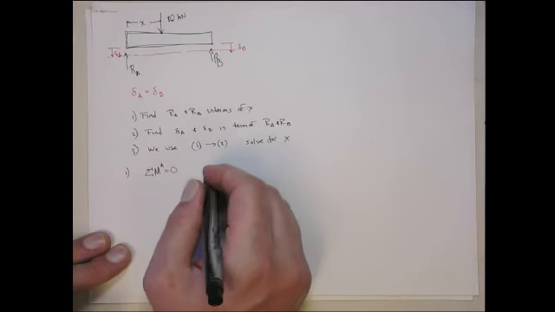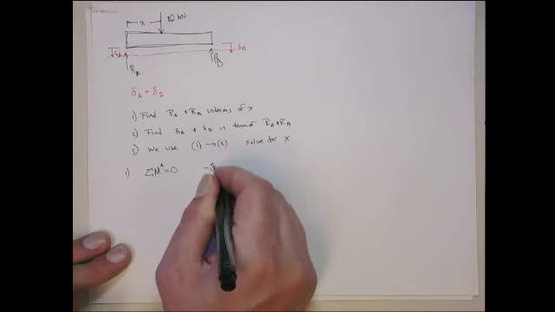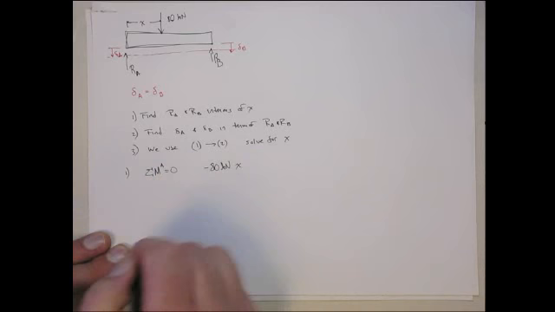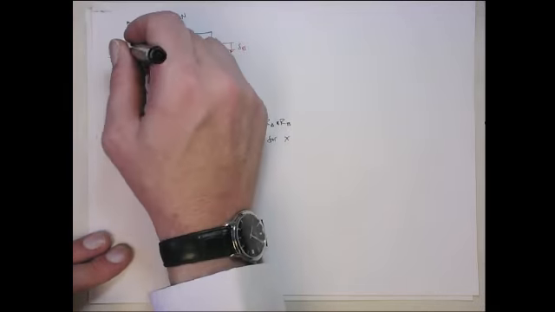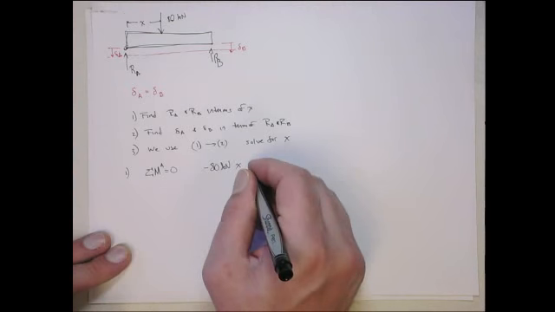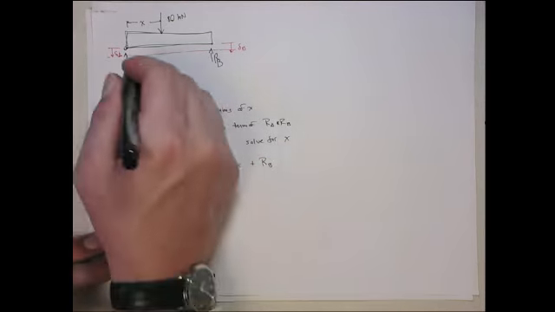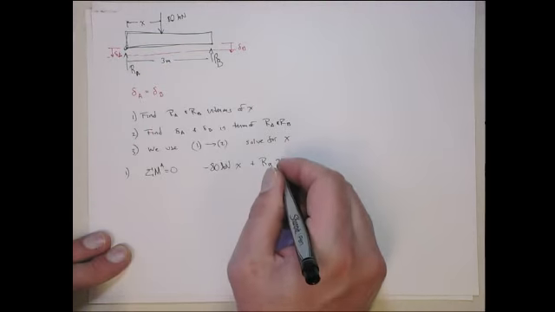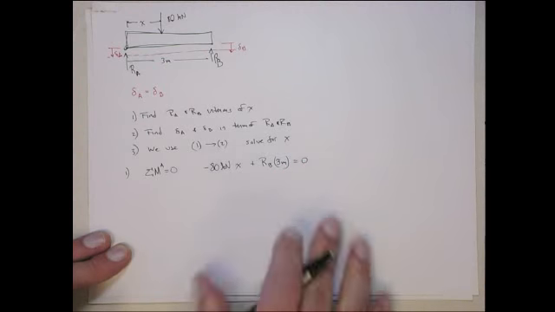So that gives me minus 80 kilonewtons times X. That's the moment of this force around point A, plus the reaction B times its moment arm, which the book gives you as 3 meters, has to equal 0.